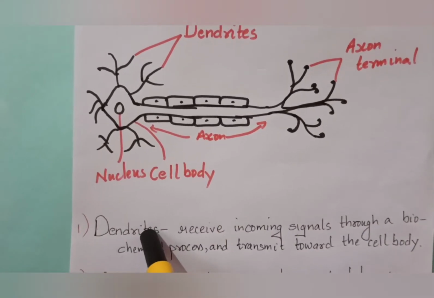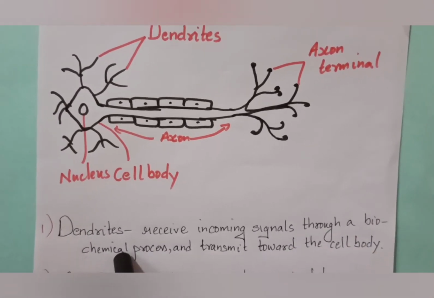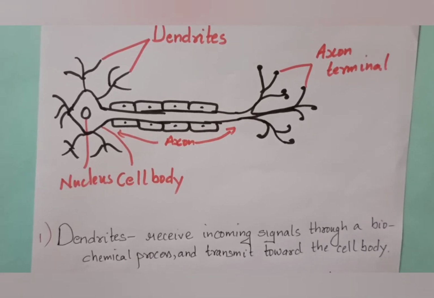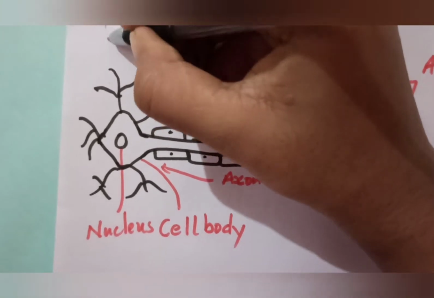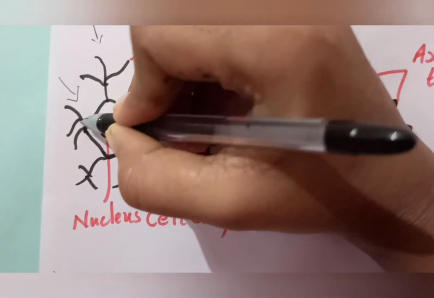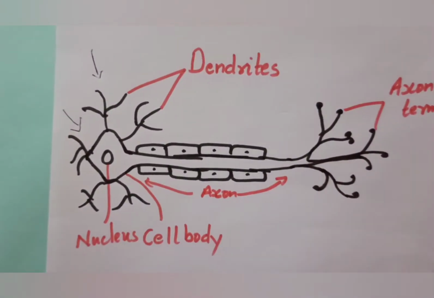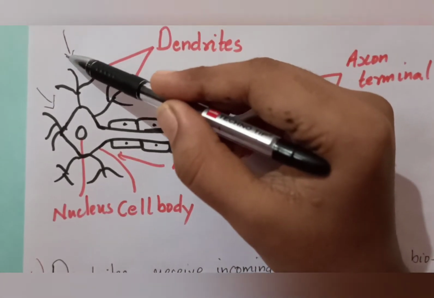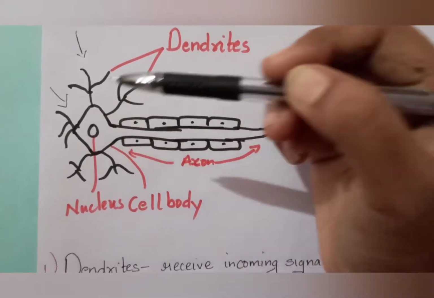First, dendrites receive incoming signals through a biochemical process and transmit them toward the cell body. That is, incoming signals are received by dendrites, and they pass these incoming signals to the cell body.